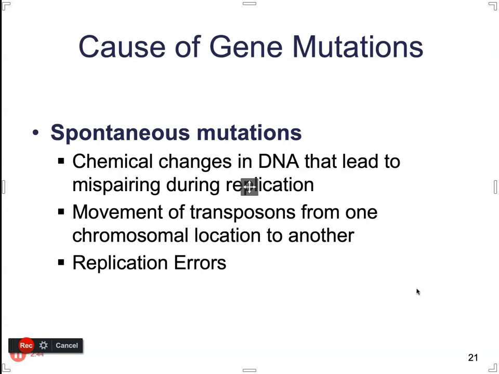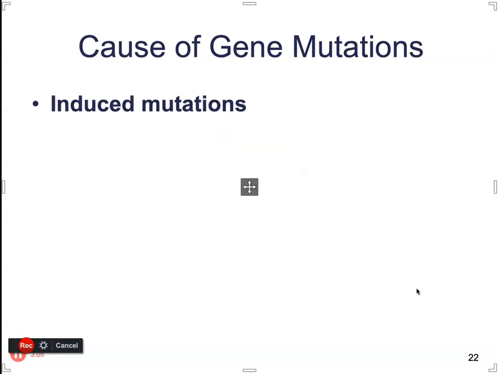There's also the possibility of spontaneous mutation arising from replication errors. Like I said, DNA polymerase is responsible for proofreading the DNA as it's being synthesized. When it proofreads as it goes, it is still possible to make a mistake. The error rate for DNA polymerase is about 1 in a billion.